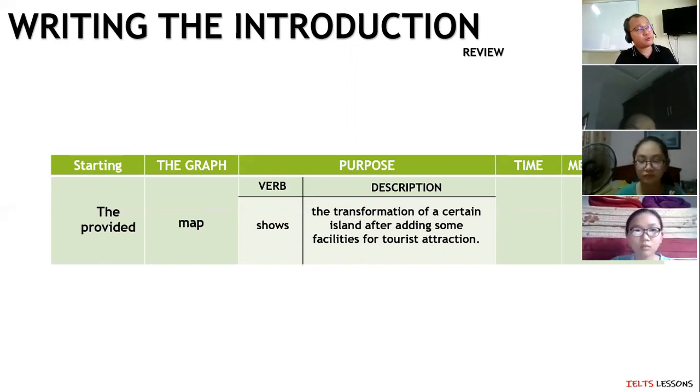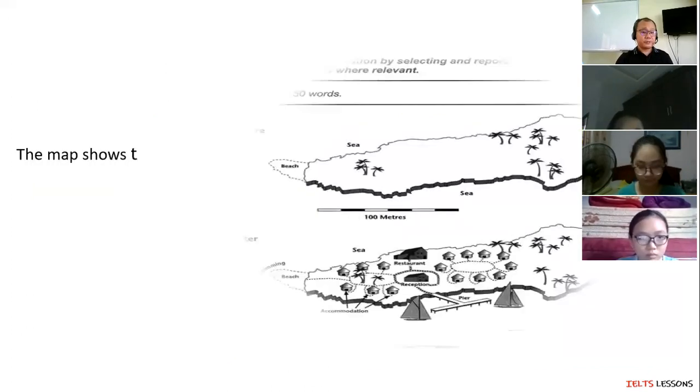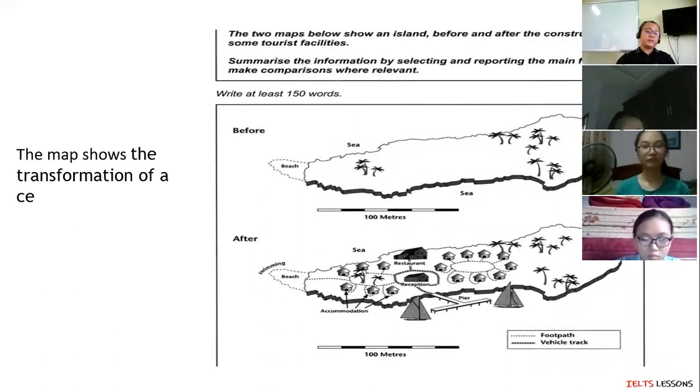But for maps, processes, and diagrams, there are no time and measurements. I have shared with you the useful words and phrases to use for synonyms, which I think you have memorized pretty well, and I'm very happy about that. So first, the introduction.